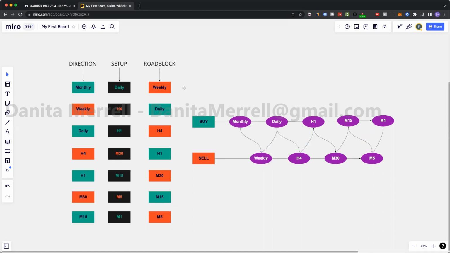Now, for example, let me draw this. Let's say our M1 does break our M5, and then now we're at the M15 time frame.